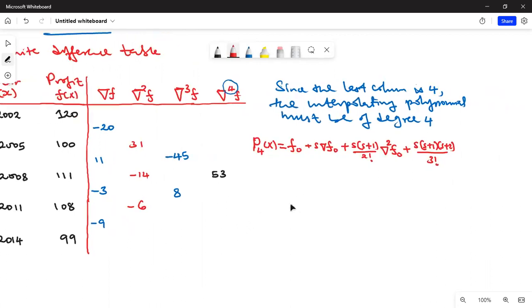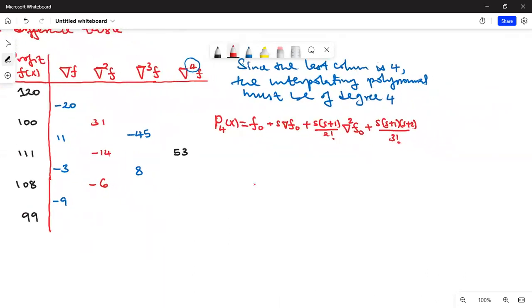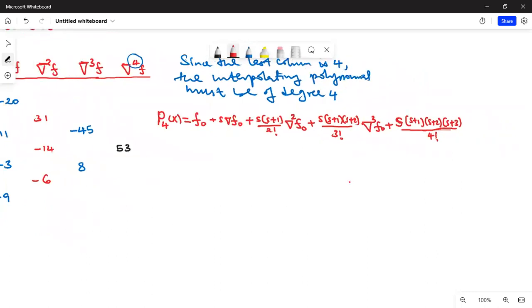So this will be third order backward difference of f naught. Then lastly, we'll have s plus 1, s plus 2, s plus 3 over 4 factorial. Remember, this is s. Then there is the fourth order backward difference of f naught, so delta raised to 4 of f naught. That is our polynomial.